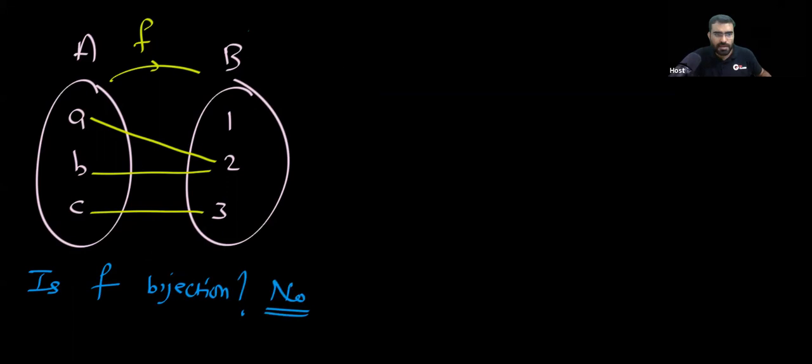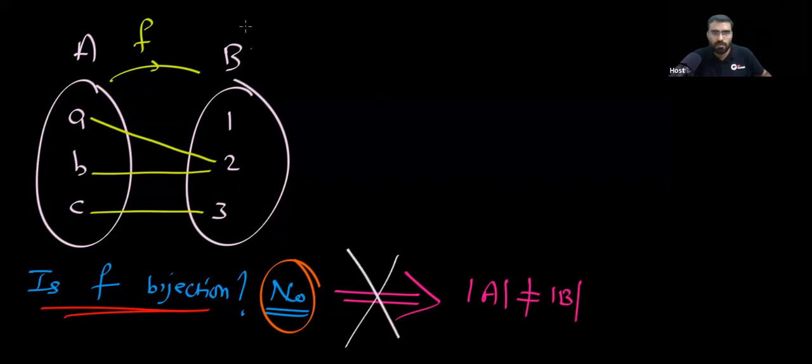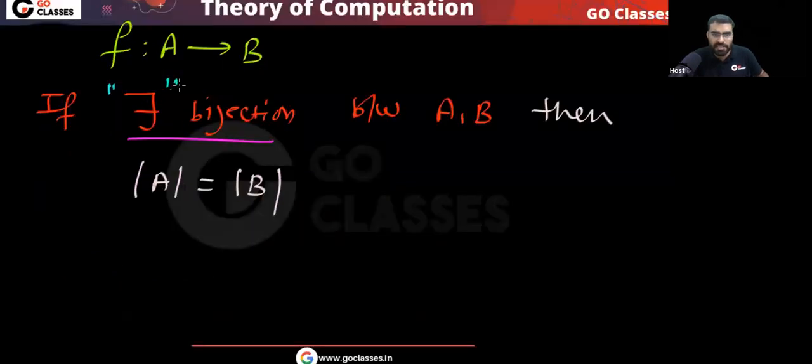So if F is not a bijection, can I say they have different cardinality? This function is not a bijection. Does it imply they have different cardinality? No. Where is the problem? The problem is, remember, there exists a bijection.